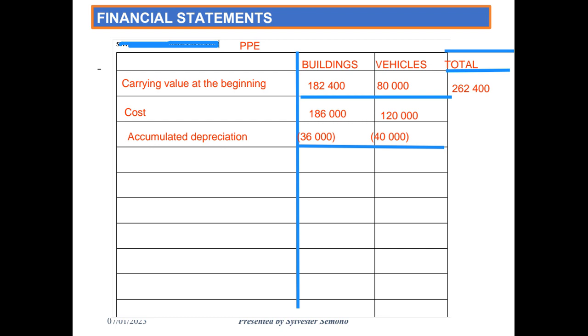And then for the cost, it's 198,000. Okay. And then for the accumulated depreciation, 76,000.